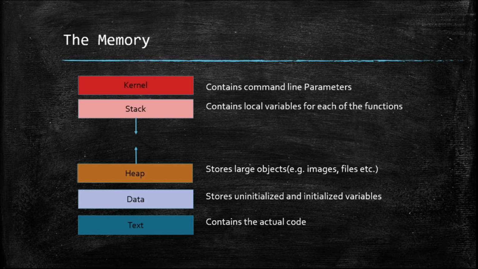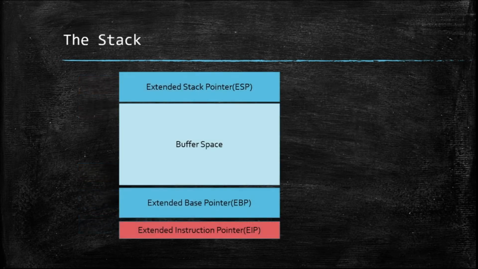Now, if we expand the stack just a little bit, you have what you call registers. Okay, you have the extended stack pointer, the buffer space, and the extended base pointer, which is the EBP, and the EIP. Now, I know this might seem a bit confusing for you guys, but even if you have to just cram this, the more you practice, the better, because I'm going to be showing you quite some examples, and how I perform my buffer overflow attacks.